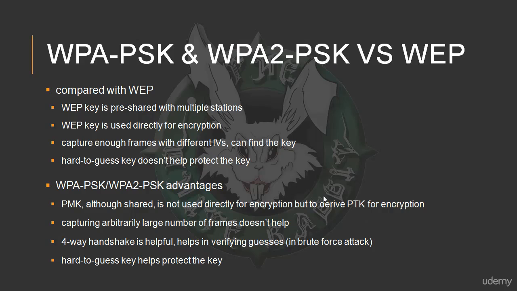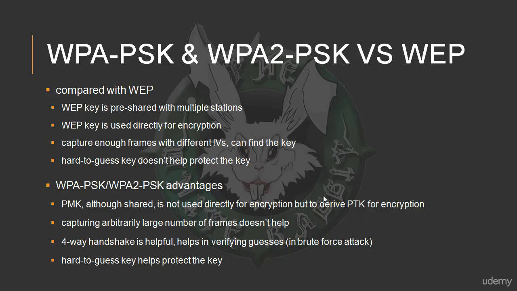So compared with WEP then, the WEP key would be pre-shared with multiple stations, and that is the same for WPA2 and WPA-PSK. But there is a difference: this shared secret that is pre-shared with multiple stations is used directly for encryption with WEP, whereas it goes through some kind of key derivation process in WPA-PSK and WPA2-PSK.